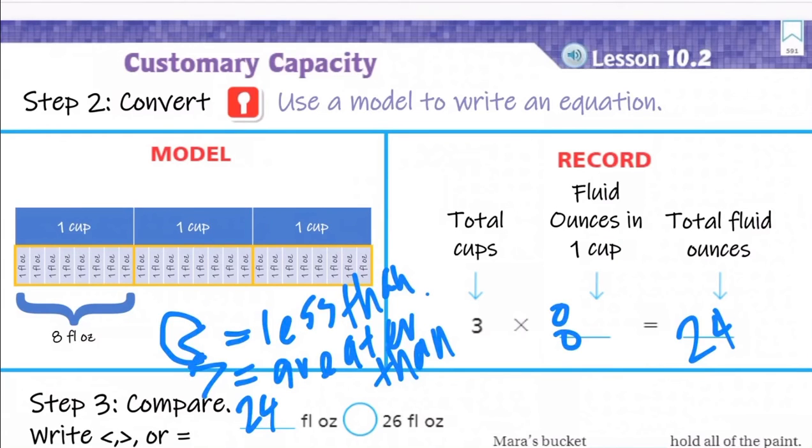I still picture them as alligator mouths, but the alligator wants to eat the bigger number, the larger number, so you want your alligator mouth to go to the larger number, even though this symbol right here means less than. So we know that 24 is less than 26 fluid ounces.